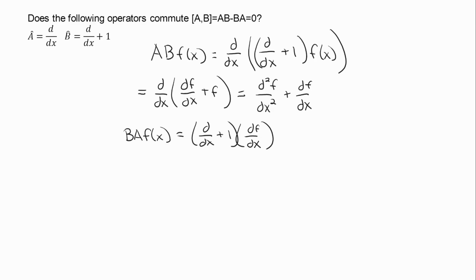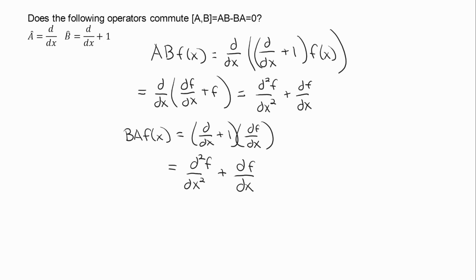Now if we distribute our operators here, order does matter. d over dx times d over dx is the same thing as d squared over dx squared of our function. And now we have our identity operator, or plus 1, which is the same thing as 1 times the first derivative, so we end up with the first derivative again.